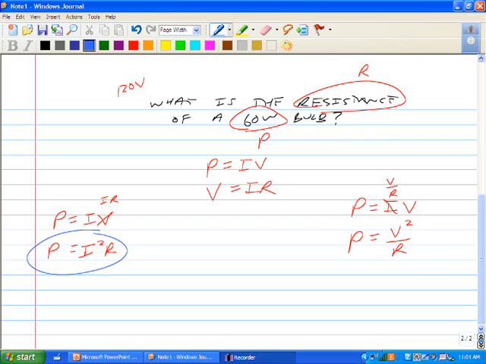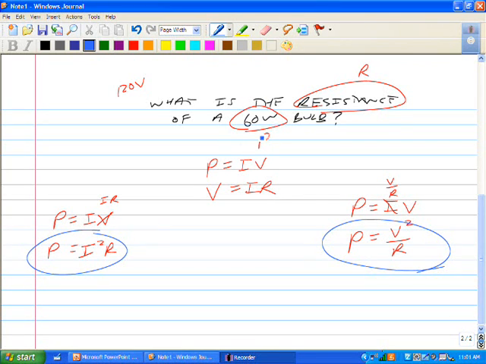So these two equations, well, it depends on what I'm given and what I'm looking for, right? These two equations are just shortcuts. You saw me do the algebra, right? They're just the definition of power, P equals IV, and Ohm's law, V equals IR, in algebra.